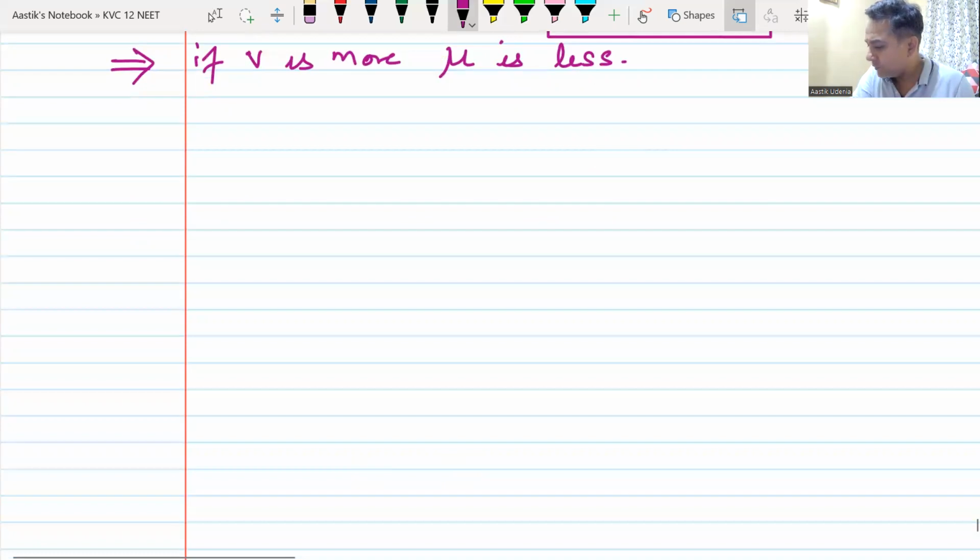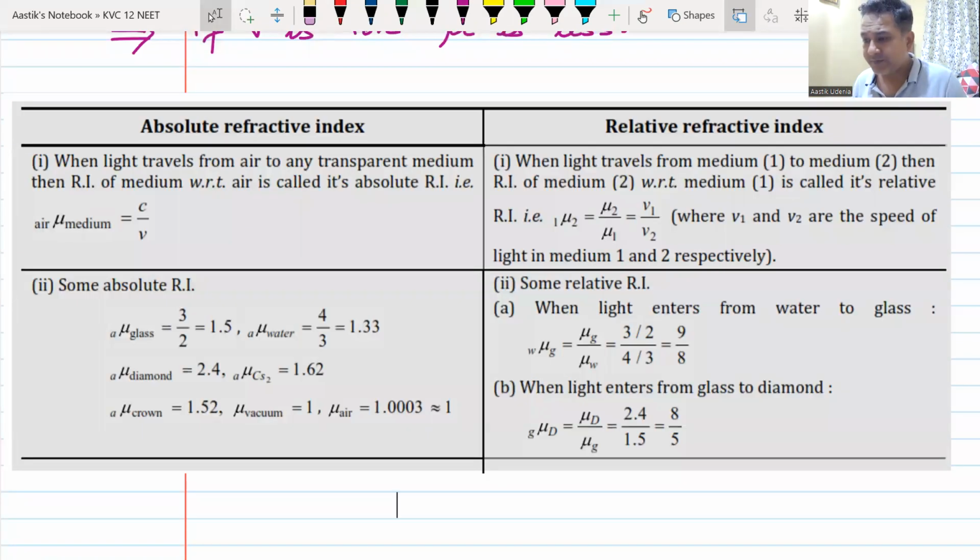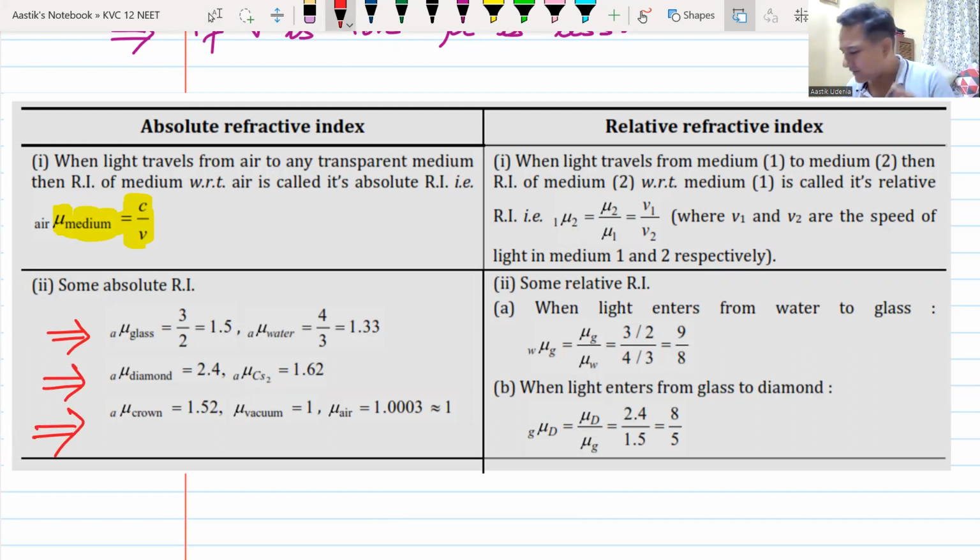If you want to write anything, you can write, else we have written everything that was possible in this table. This is just to show the difference between relative and absolute refractive index. Absolute refractive index or refractive index of any medium will be C divided by V. Do we understand this? And here they have calculated the refractive index of glass with respect to air, diamond with respect to air, and crown with respect to air. You don't need to write this, you just have to see it.